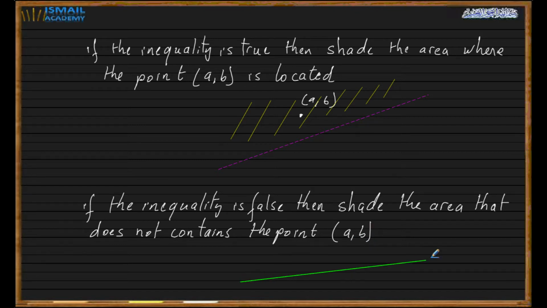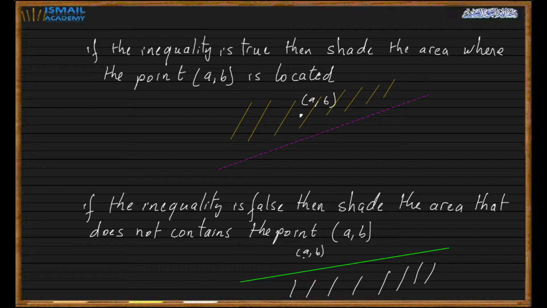Suppose I have that line and the point (a, b) is here, and the point in this area gives me a false inequality. When it gives me a false inequality, I shade the area where the point is not located. So this is the concept behind how to graph a two variable linear inequality.